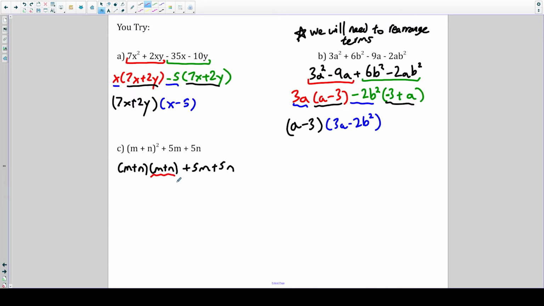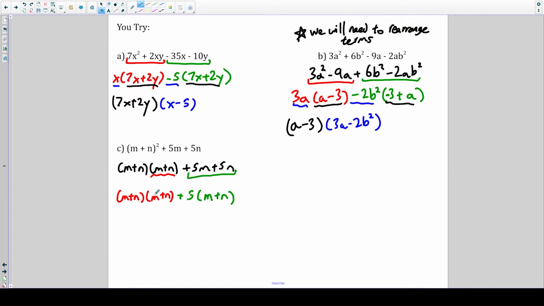So this is the factor that we want. And I'm just going to go ahead and rewrite the second part here. Let's do this in green, actually. So this portion can be factored out as plus 5 times m plus n. Let's go ahead and rewrite that first portion, m plus n times m plus n.